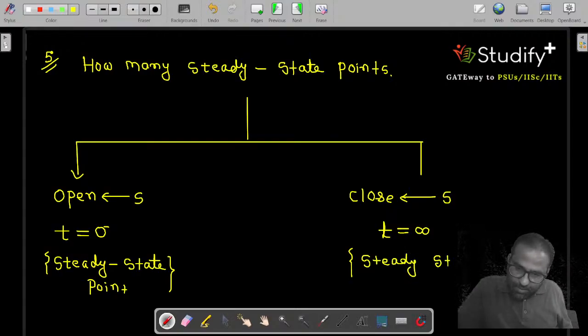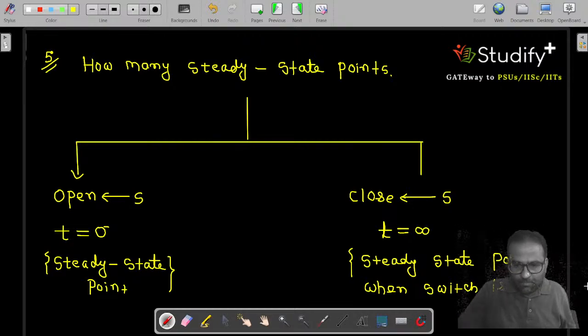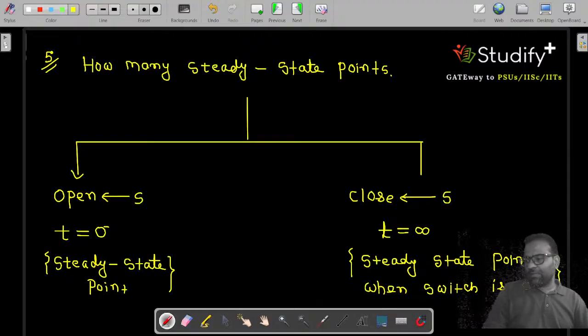These are the steady state points when switch is closed.